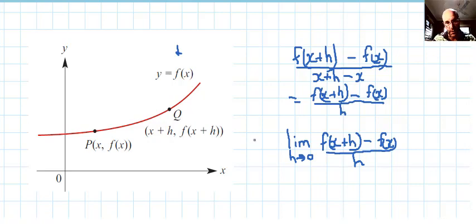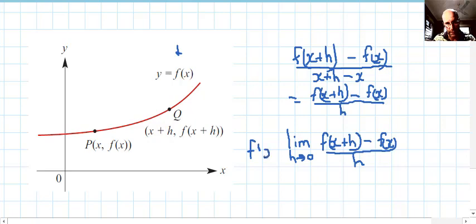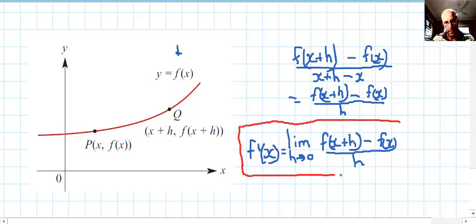Now it has a symbol, it has lots of symbols, but the one we're going to use with this function notation is this symbol here, f dash of x. That means the derivative. Okay, so that's a key point there. So the derivative is the limit as h approaches 0 of f of x plus h minus f of x over h, and that is the derivative.